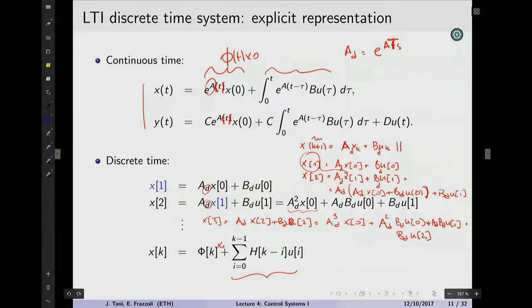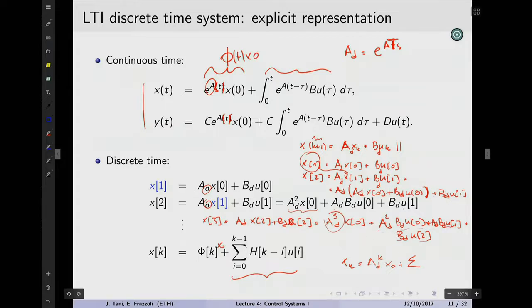Now, if you do this game, you see that x of k is always equal to, see here we had x of 3, here we have A_D to the 3. So it's going to be A_D to the k times x naught plus something. Something, of course, is going to be a sum. Notice how you've got all these terms that are aligned here in a very interesting way.